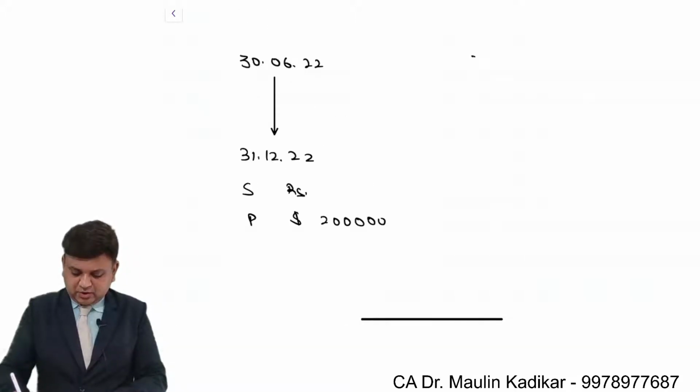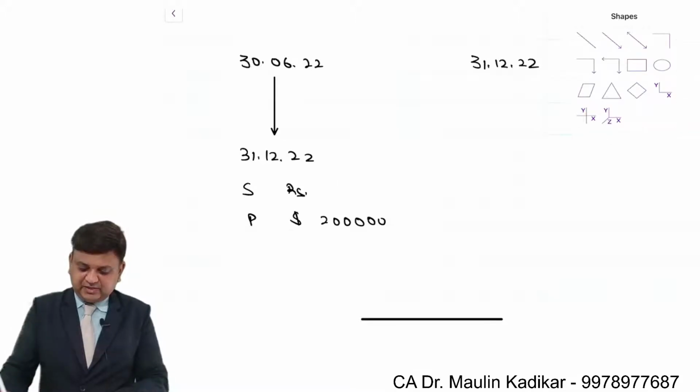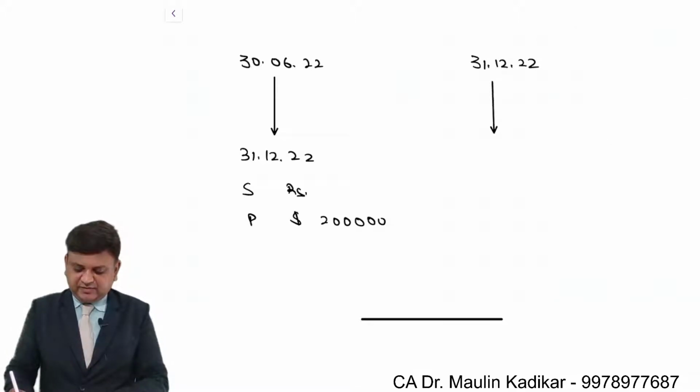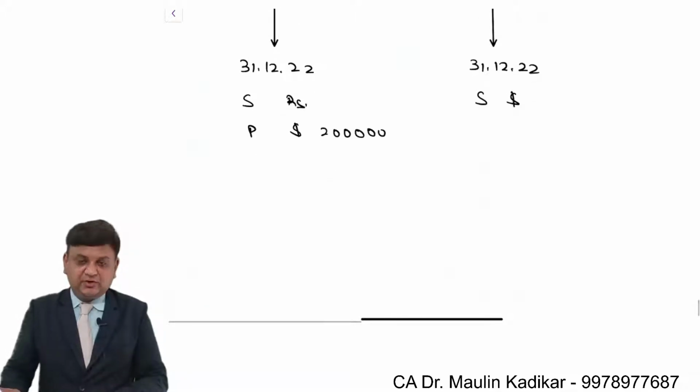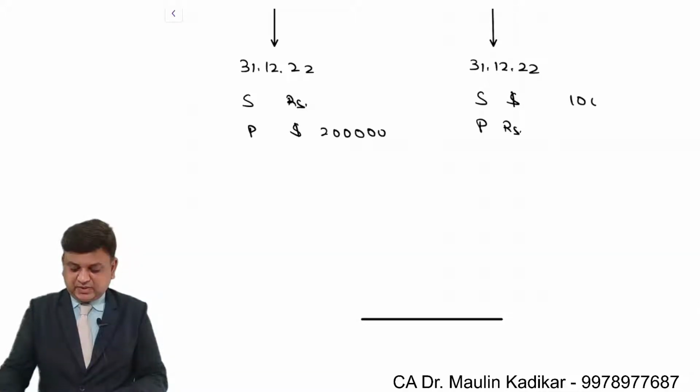Then on 31st of December 22, we must have entered into two transactions, and one of them is the spot transaction. The spot transaction is sell of dollar and purchase of rupees, and this is 1 lakh.